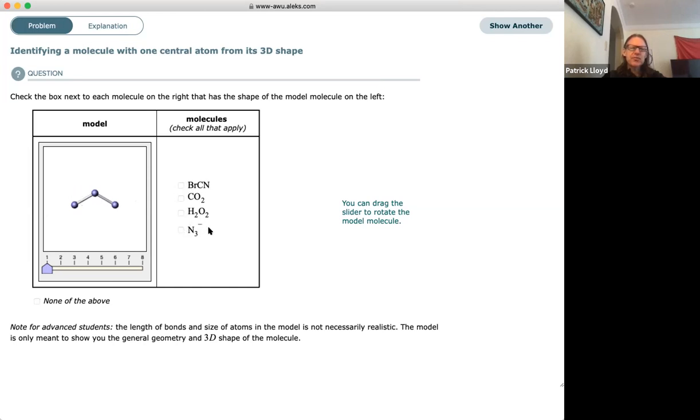So, you know, 3 of them seem possible in terms of the number of atoms. So what I'm going to do is I'm going to draw the Lewis structure. For the BrCN, the carbon is most likely at the center. For the CO2, the carbon is at the center. And then here, actually, didn't we just do N3 minus and that came out to linear? Let's see. Let's go through these.